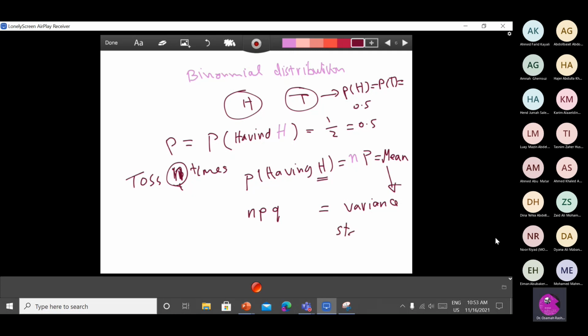What about the standard deviation? I know the standard deviation is the root square of the variance. So the standard deviation will be the root square of NPQ. So sigma will be root square of NPQ, right?